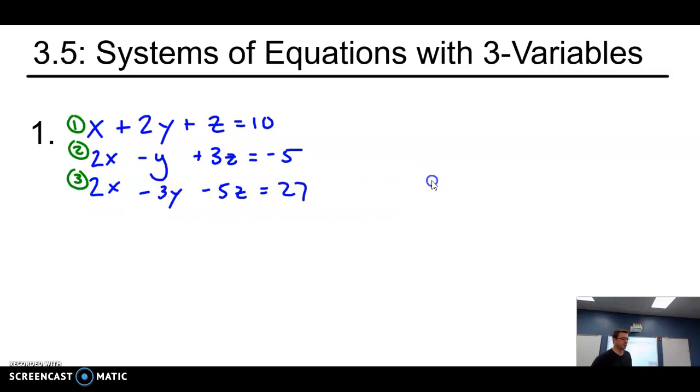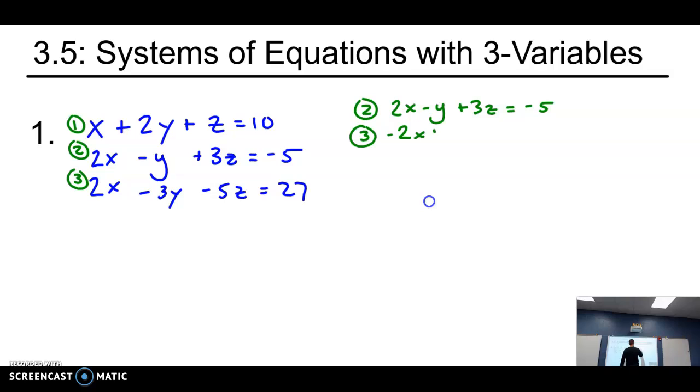So take your third equation and change all the signs. We're going to take equation 2, which is 2x minus y plus 3z equals -5, and equation 3 with all the signs changed: -2x plus 3y plus 5z equals -27.